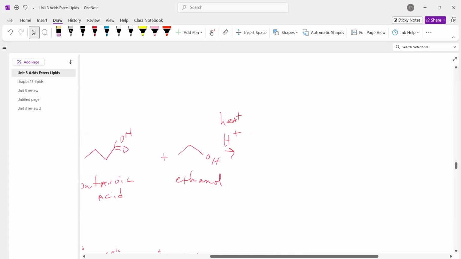So we have a primary backbone, and then we have a secondary backbone. So we start with the primary backbone here. And then the alcohol is our secondary.